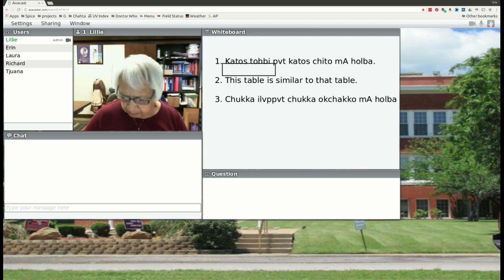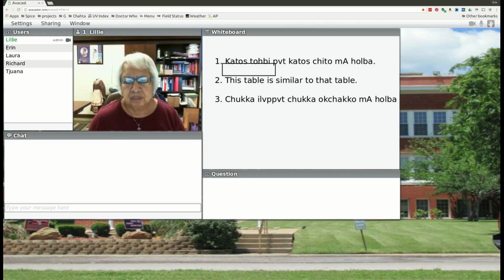So probably another way to do this might be "to that one," because it's still going to be renaming table. This table is similar to that table, or this table is similar to that one. One is going to make reference back to the subject table, so it can be understood in that way.